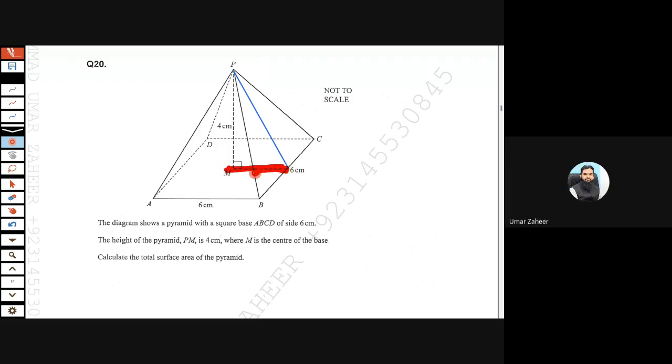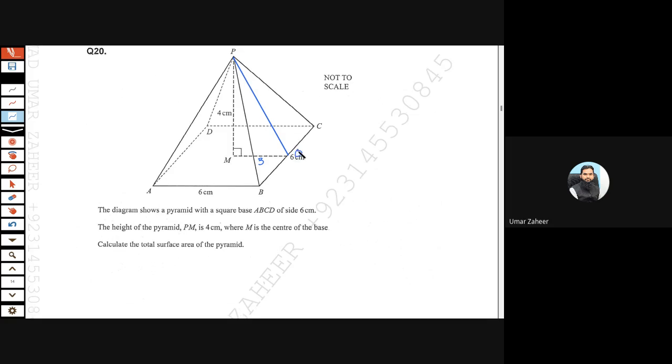Why you have to take it as a half? Because obviously it is a square face pyramid, so we can conclude that it must be the half, so this equals 3 centimeter. So let's give the name PO. So the PO will be equal to the square root of 4 square plus 3 square. Yes, the length of PO will be equal to 5 centimeter.